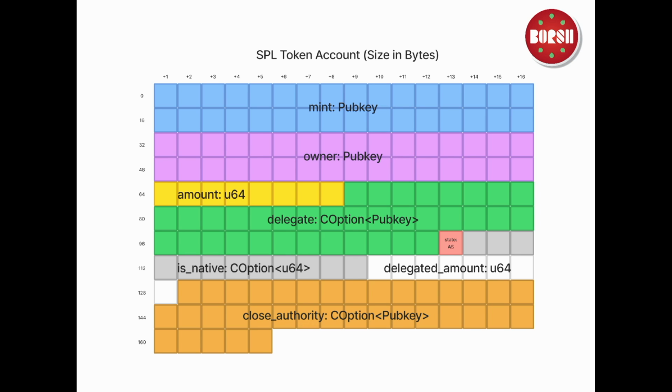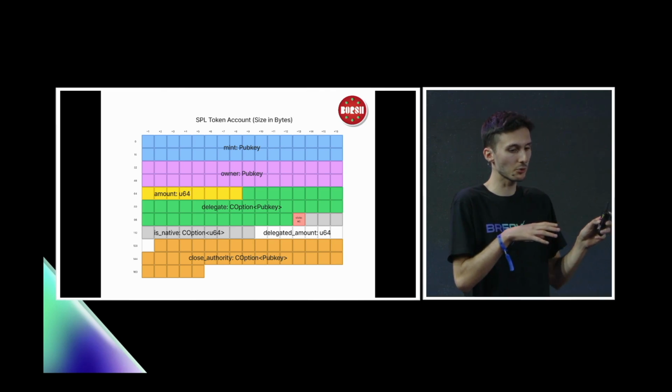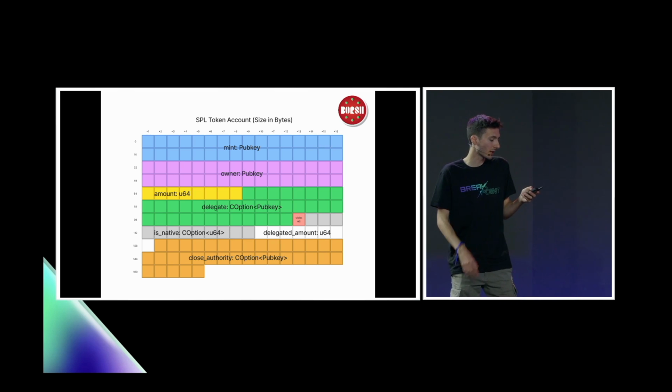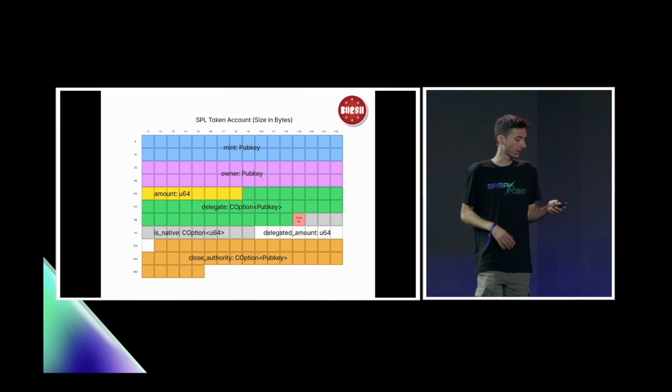This data uses the Borsh standard to be encoded and decoded. So you need to keep in mind that for all the data stored on the Solana blockchain, you need to use the Borsh standard to decode it. And if you want to put some data on the blockchain, you will need the Borsh standard as well.